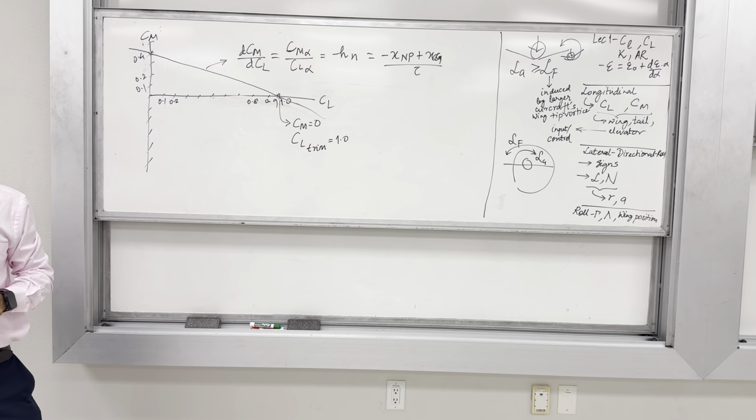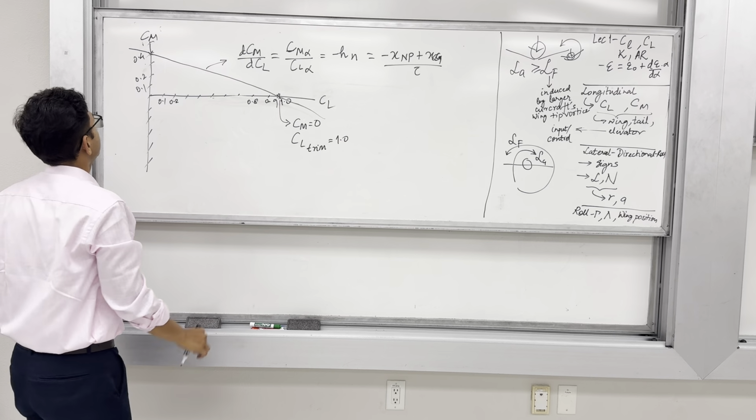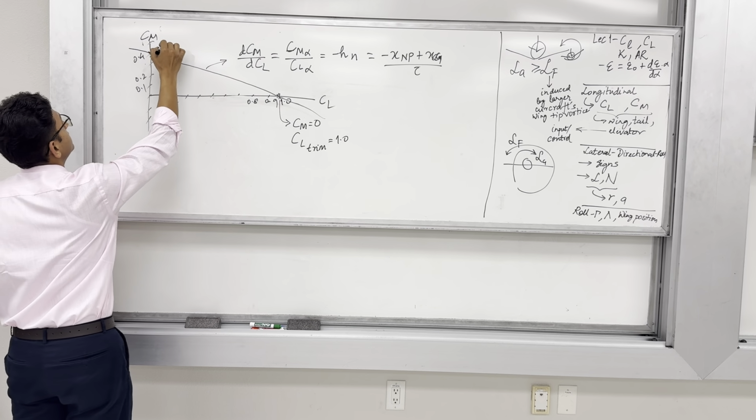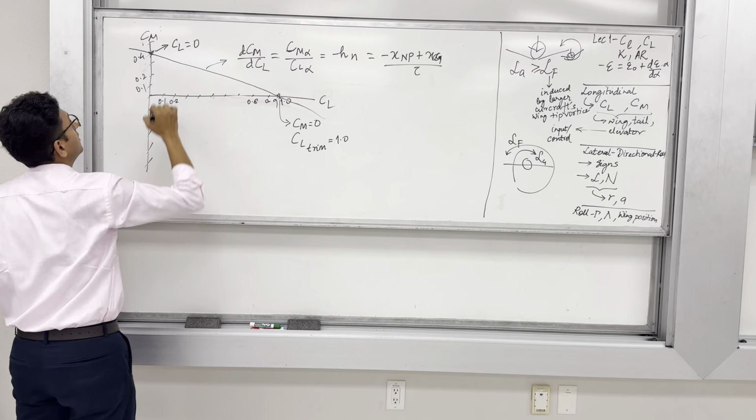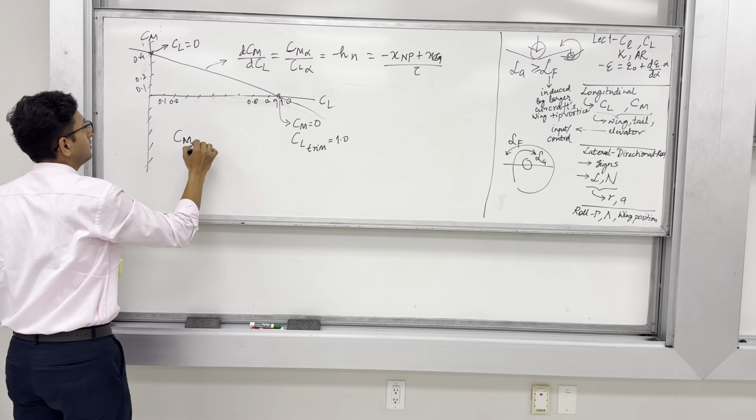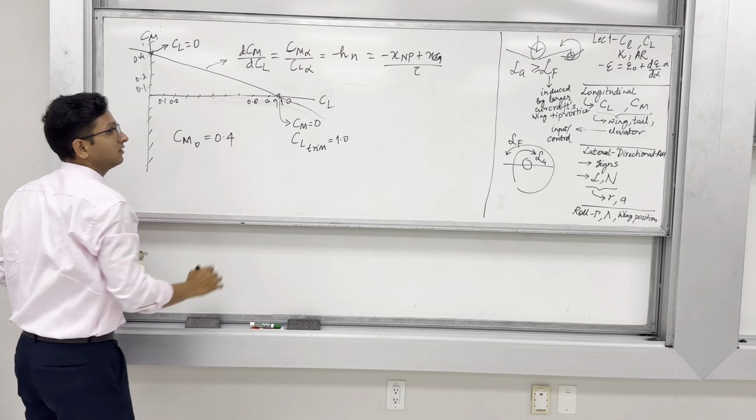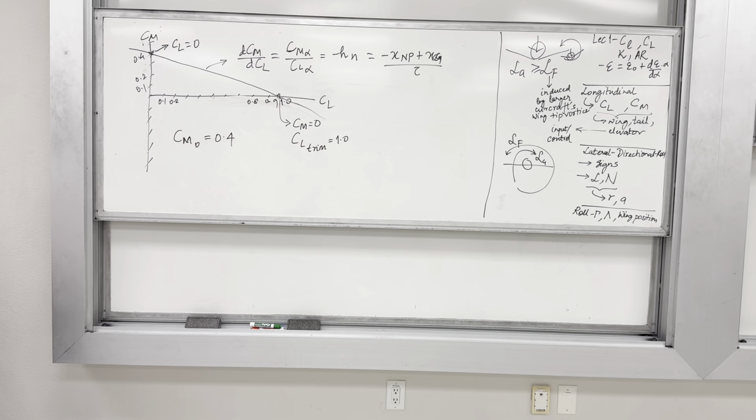Any doubts? Okay. And what is the Cm at CL equal to 0? Which means that Cm naught for the entire aircraft is this. Is that clear? So, this is all the information you can extract from this graph.